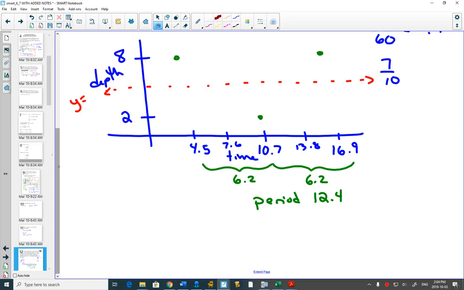Y equals 5, halfway between 8 and 2. If you wanted to label 5 on there, you could. And so we have this point and this point. You could even go back another 3.1 to this and say 1.4 if you would like.